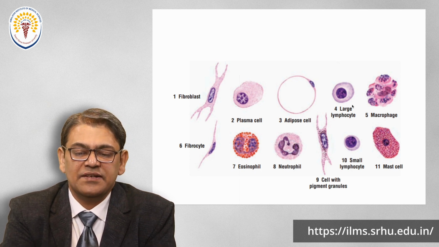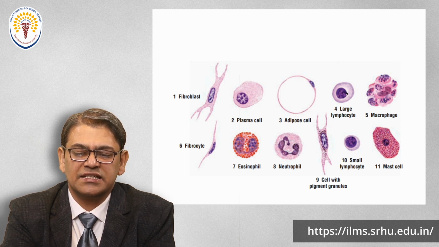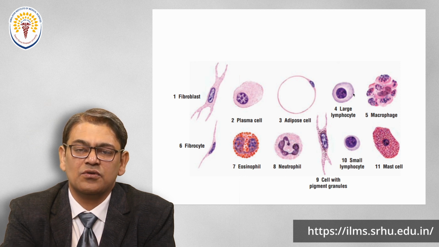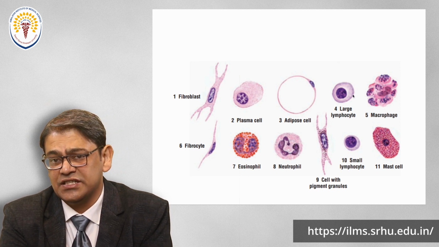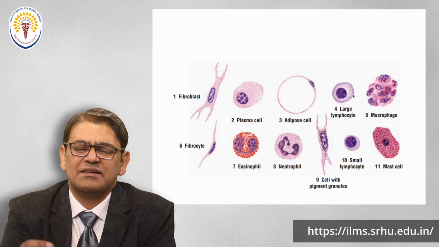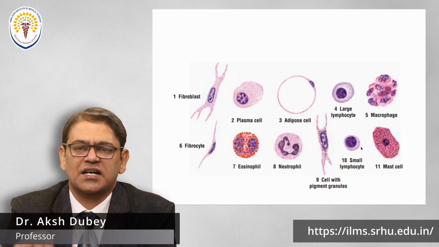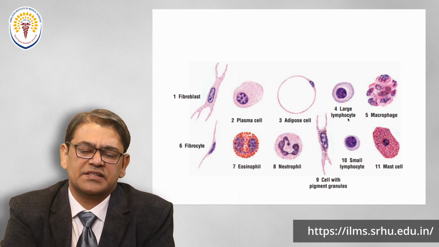Okay. Then we see the macrophages and the lymphocytes. There are different lymphocytes. This is a large one, and on the lower side we see the small lymphocyte. As you know, if you see a lymphocyte under the microscope, we see only a big nucleus. Very scanty cytoplasm is present, just a cytoplasmic ring on the outside of the nucleus, and we see small and large lymphocytes on both sides.